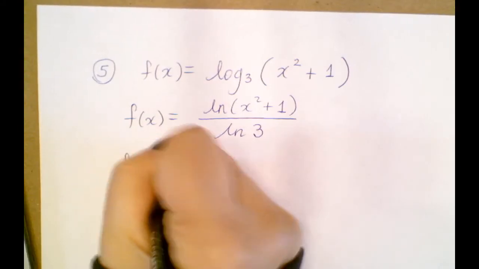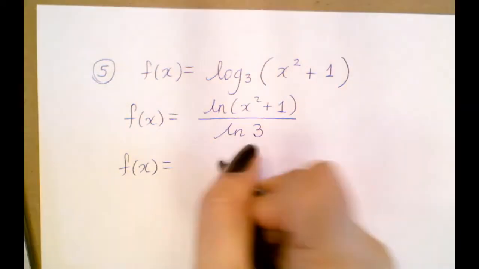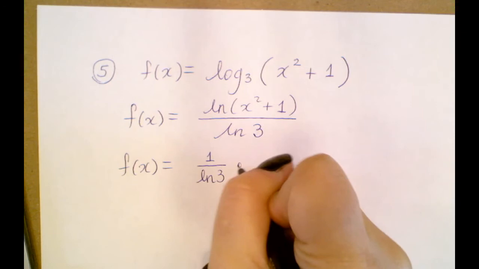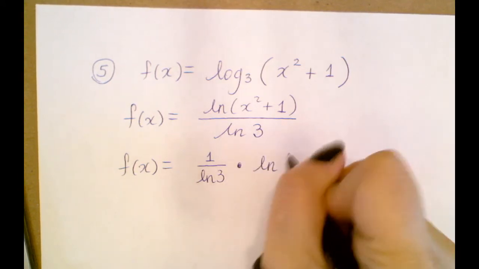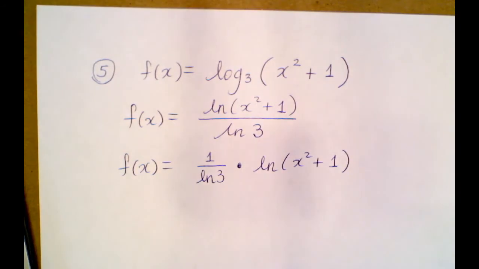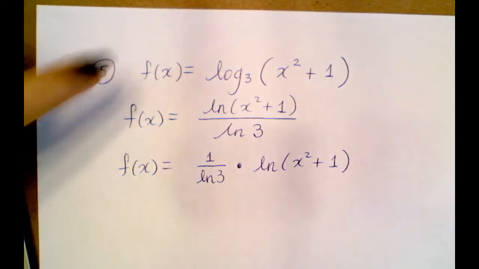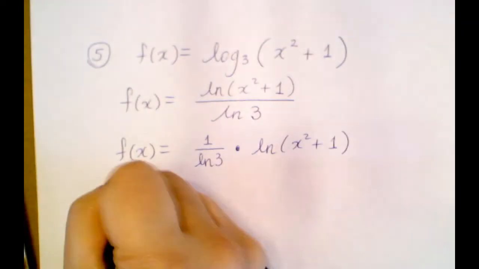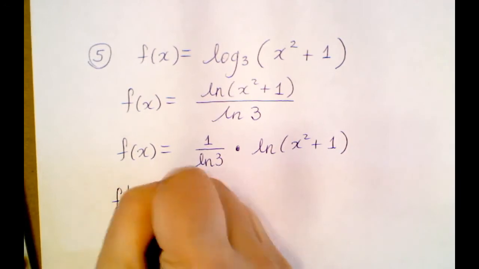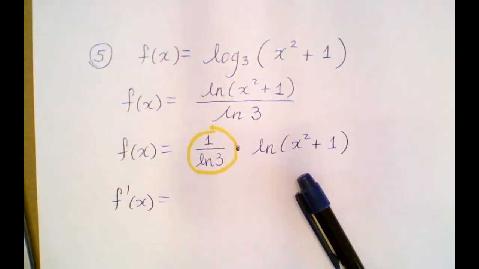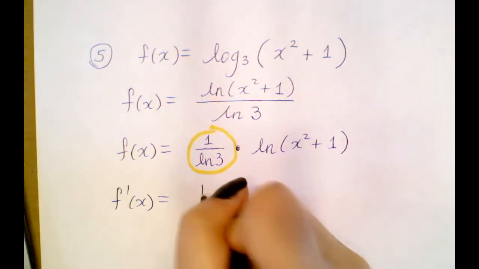And I'm going to pull out that denominator and write it as 1 over ln 3 times natural log of x squared plus 1. Notice I haven't taken the derivative just yet. I was just rewriting my f of x, and now I'm going to take the derivative of this. Notice this 1 over ln 3 is just a constant, so just write it down.